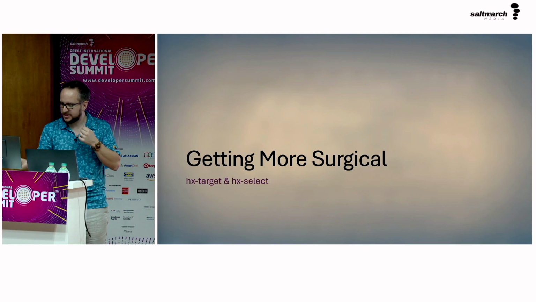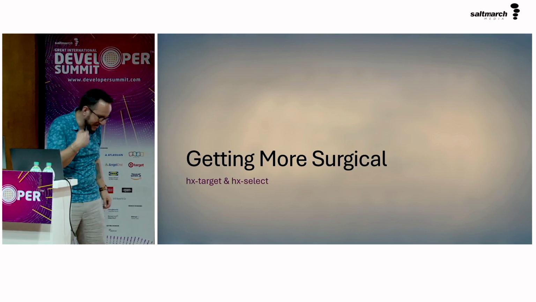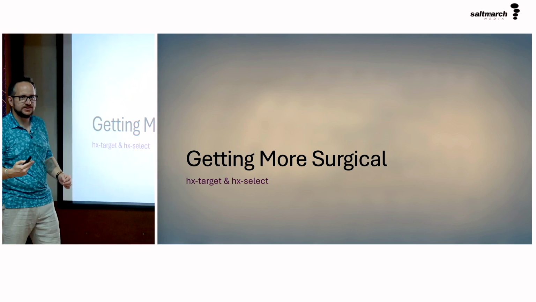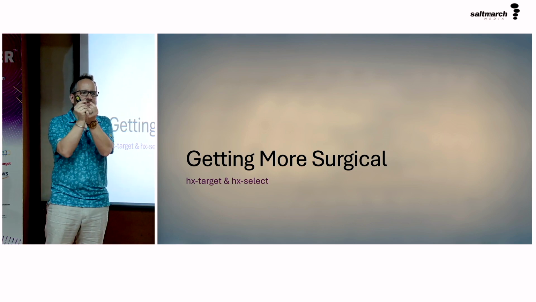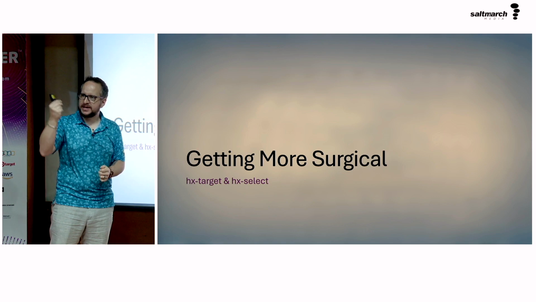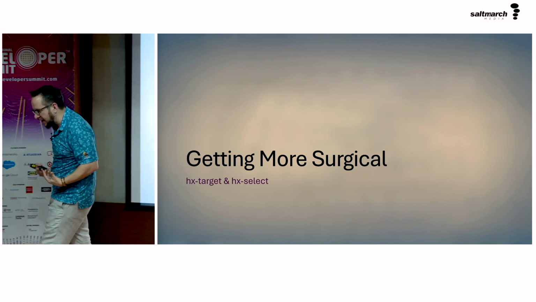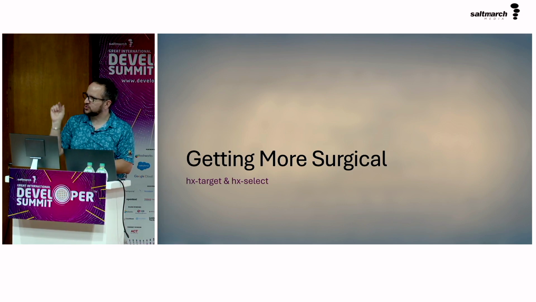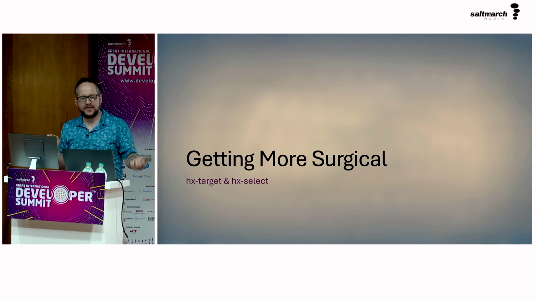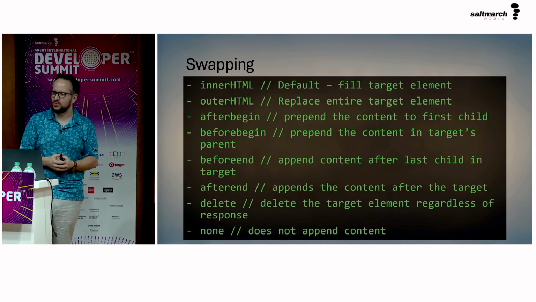Now, one of the things you'll notice that I did is the swapping when I gave that hx swap. So hx target says, hey, I'm getting just a piece. I just want that dynamic, fine-grained control. I'm getting a piece back, and I want to put it in that element there without imperative DOM manipulation. And from that response, I just want to extract the piece to inject in there, and then I use this swap option to specify how I want this swap to happen.